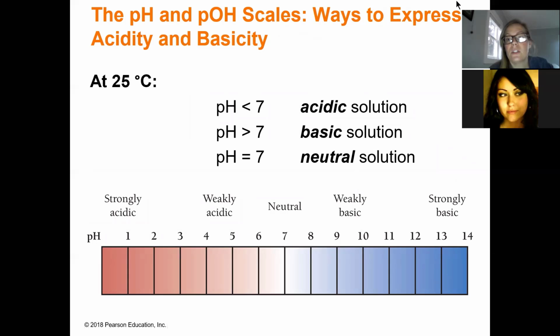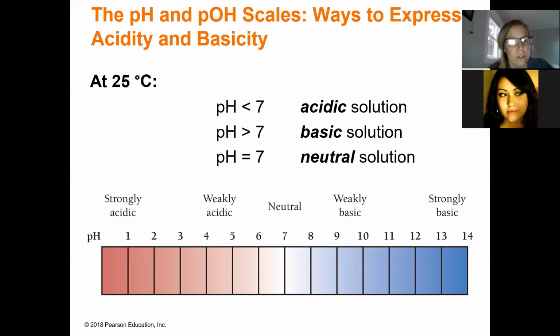So pH and pOH scales, specifically pH, which you're probably more comfortable with, are just ways to express acidity and basicity. When looking at a pH scale, the big H is talking about your H pluses or your H3O pluses. It's talking about how much acid you have.